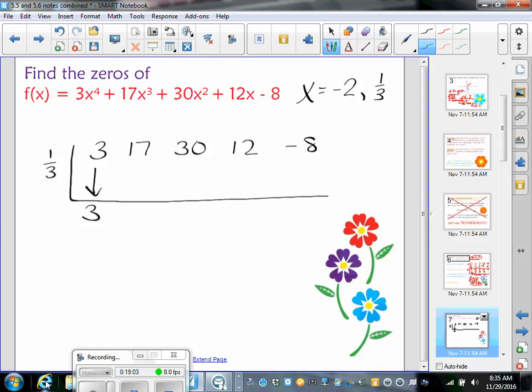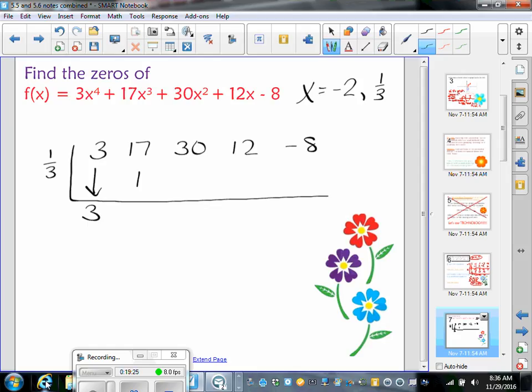I'm fine with that. I'm just dividing everything by 3. Instead of multiplying by 1/3, just divide by 3. I know some of you are like, oh my gosh, 1/3 times 3. It's divide by 3. What's 1/3 times 3? It's 1.